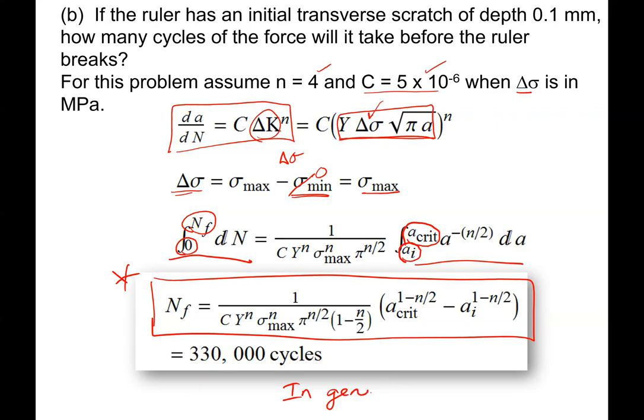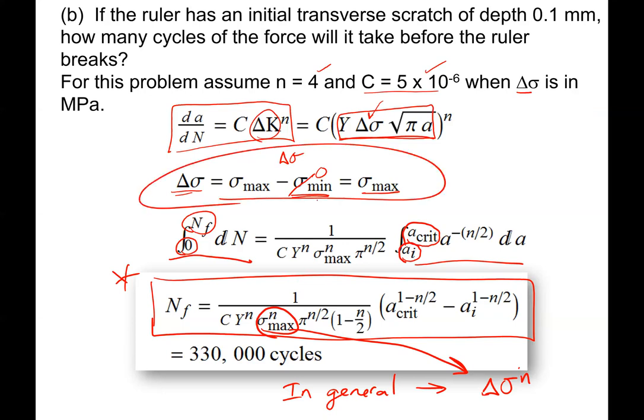So in general, we need to take this sigma max to the n term here, and this is really delta sigma to the n, not max. It only became sigma max in our problem, but in other problems, we will actually have a delta sigma value. So change that if you're going to use that for another type of problem.